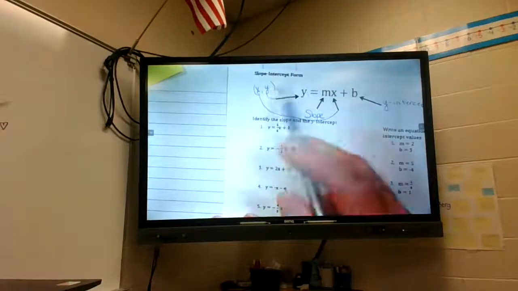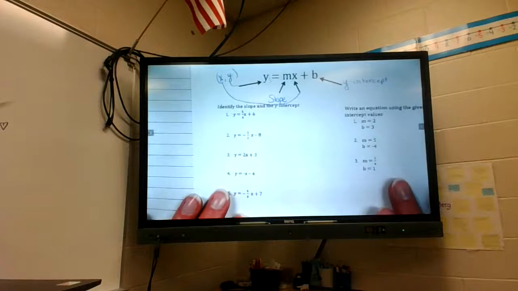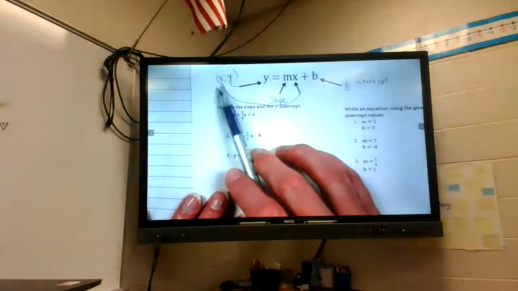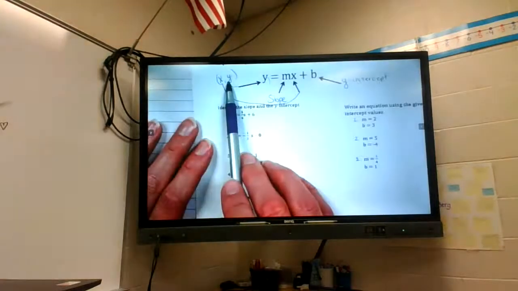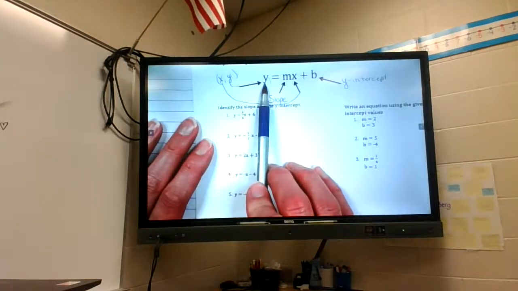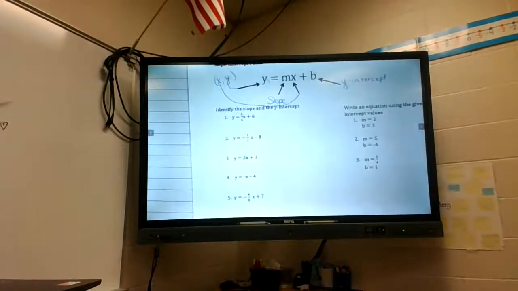But those are two digits. Yes, because that's what the y and x is. It's two numbers. So how do two numbers fit into one variable? It's not a variable, it's the ordered pair. The y is this y, and the x is this x. Two different places, two different numbers.